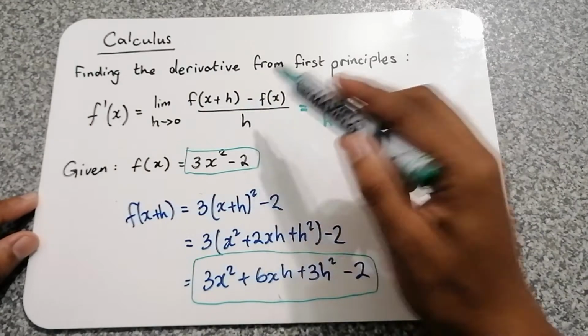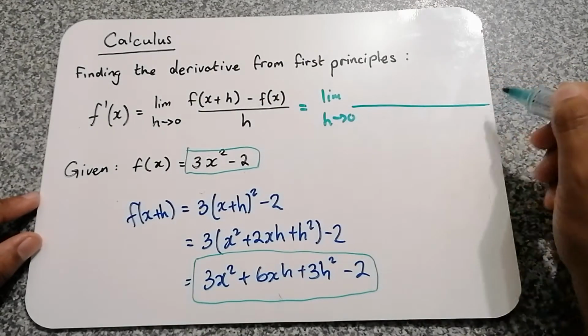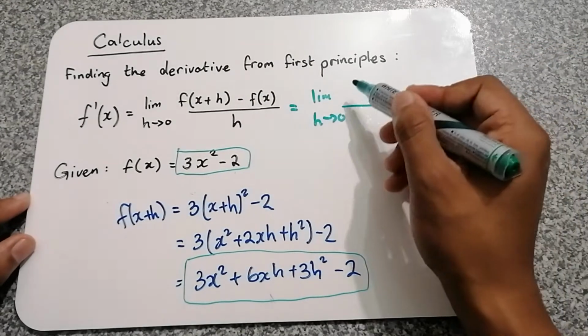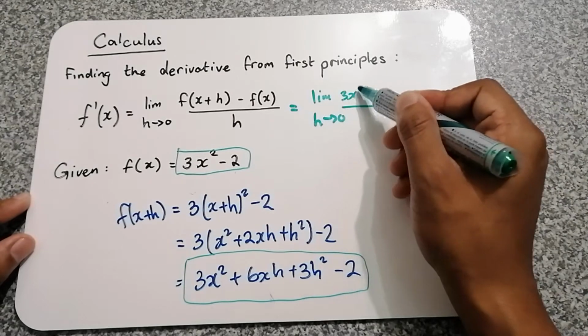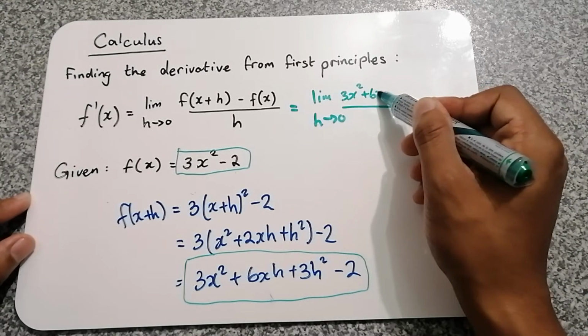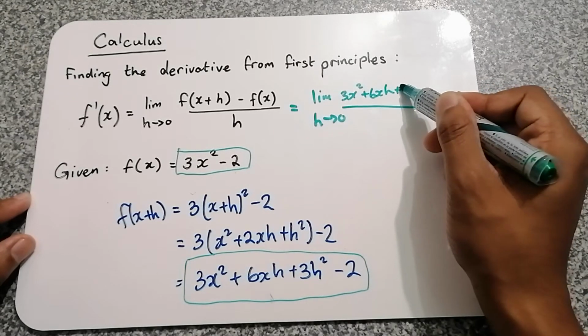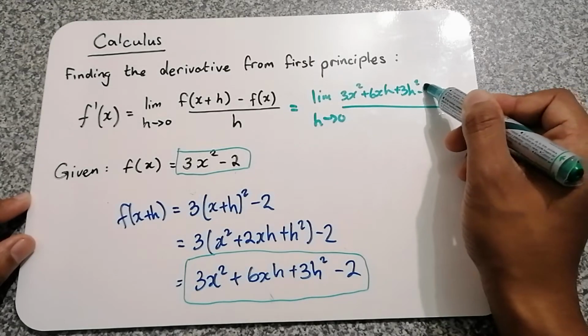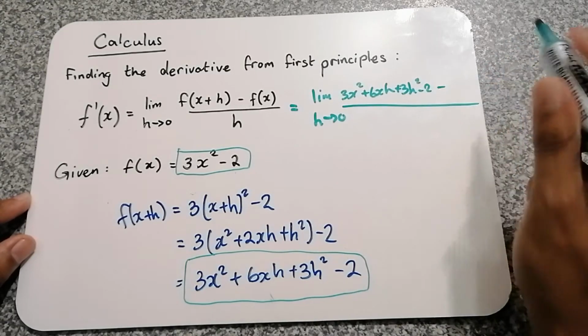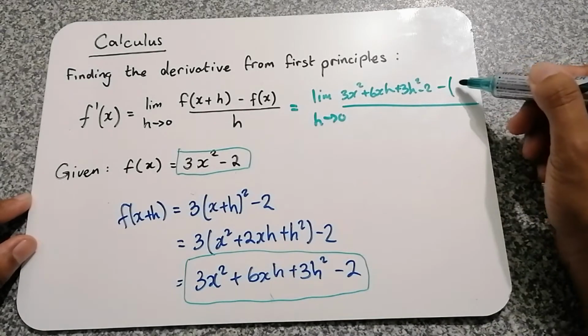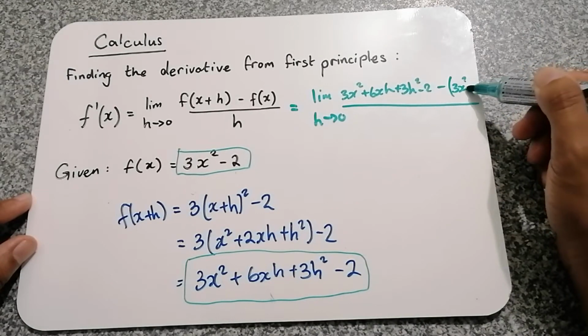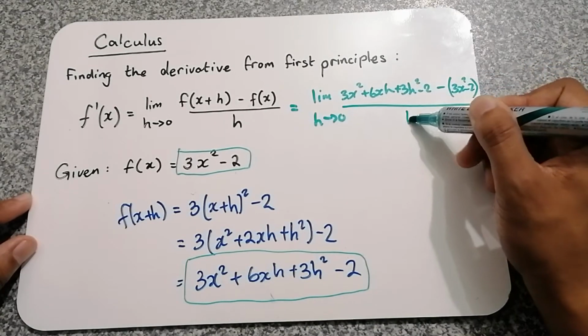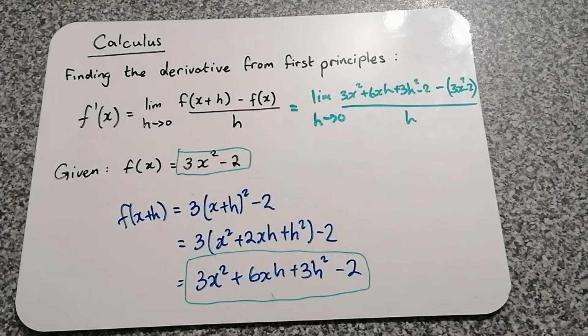So we start with this part: 3x² + 6xh + 3h² - 2, minus, now I write this part, (3x² - 2). Almost ran out of space.